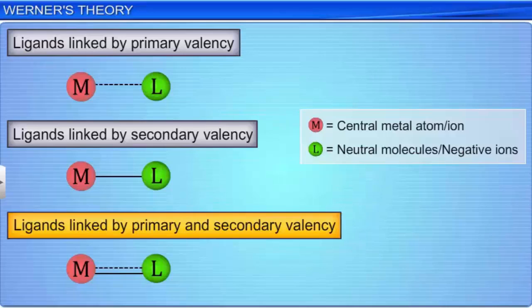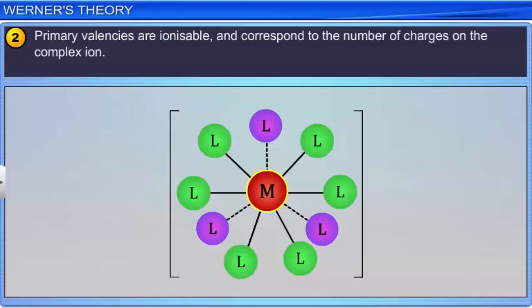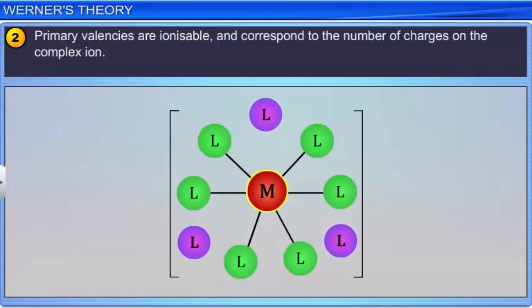The second postulate is that primary valencies are ionizable and correspond to the number of charges on the complex ion. Primary valencies apply equally well to simple salts and to complexes, and are satisfied by negative ions.